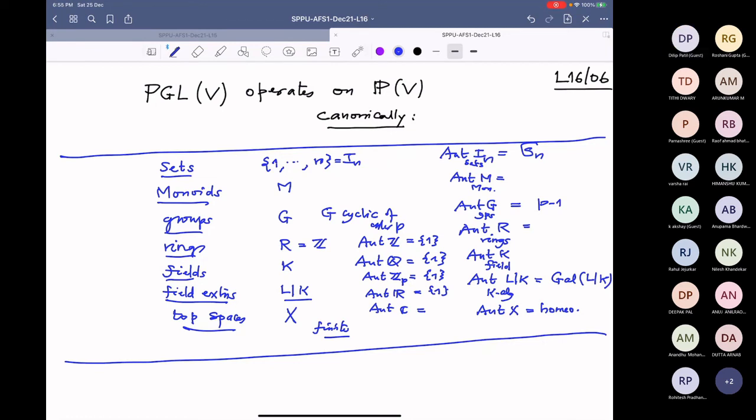All right. Okay, thank you. Now you see the ring R of real numbers is not symmetric. The ring Z is not symmetric.